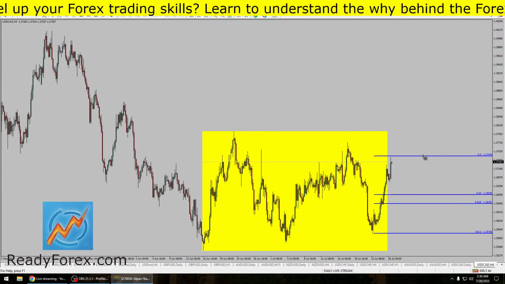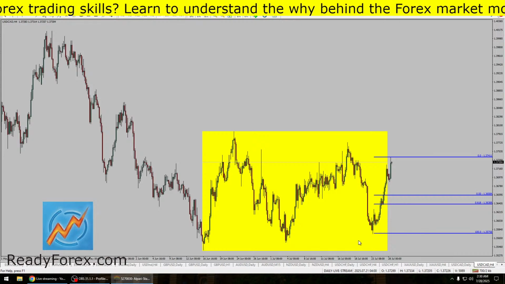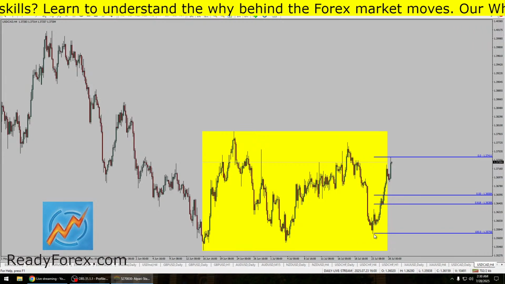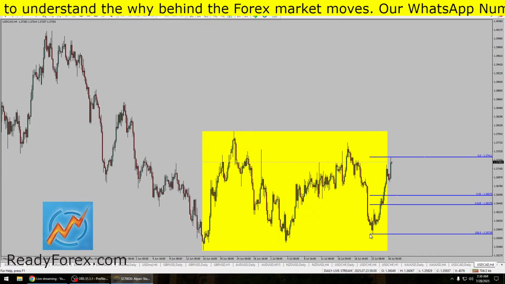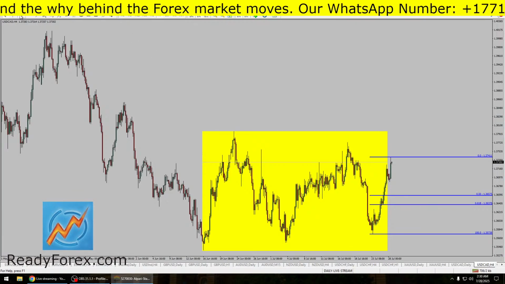So if you draw the Fibonacci retracement level, okay, wait for a pullback.